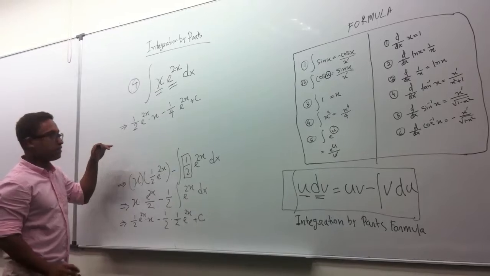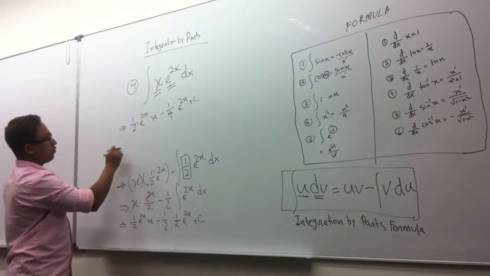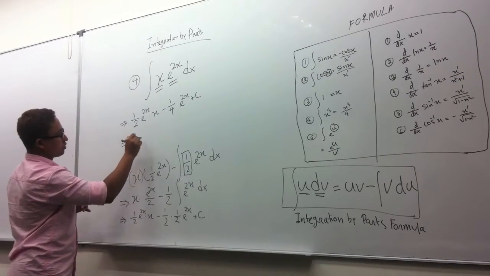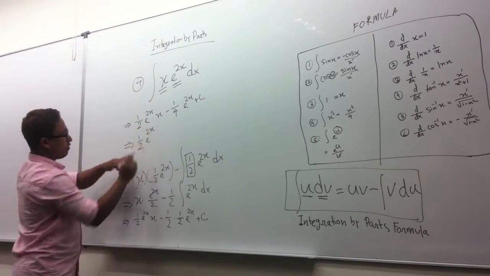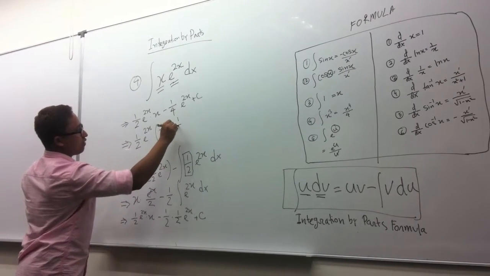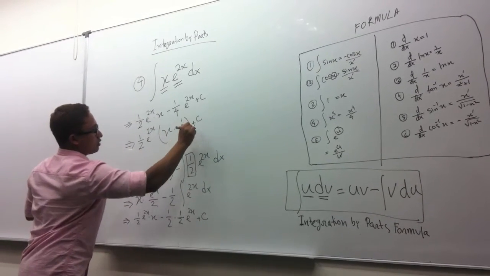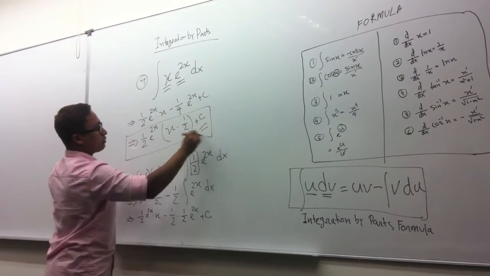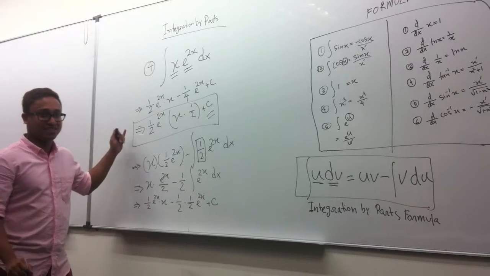This could be our final answer, but if you want to simplify more, you can take half e to the power 2x as common, then it's x minus half plus c. So this one is our final answer.